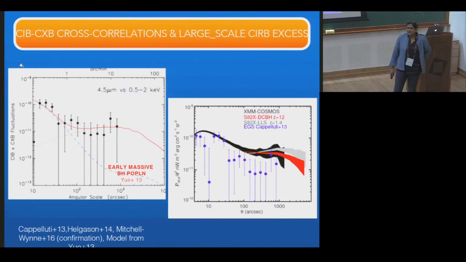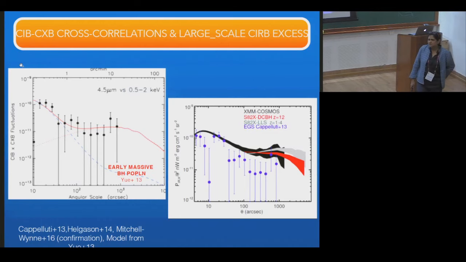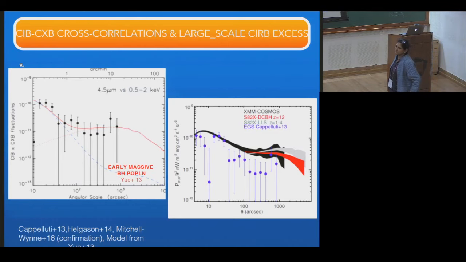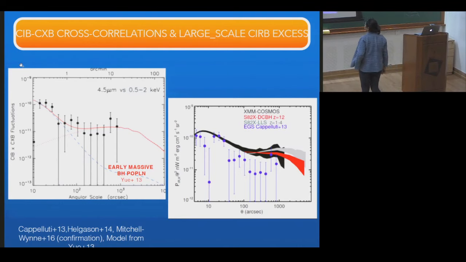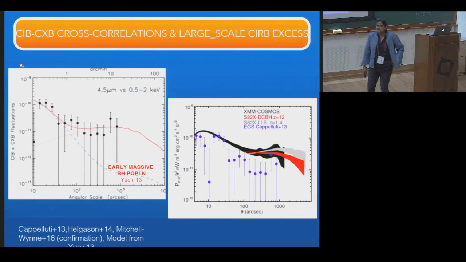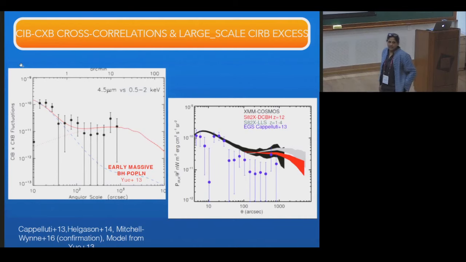Then there are some other interesting observations, freak things that require explanation. One of them is that when you cross-correlate the cosmic infrared background with the cosmic X-ray background, you actually find an excess on large scales.